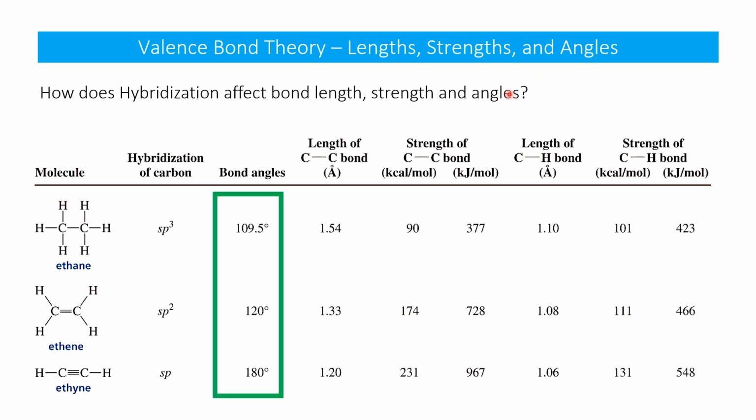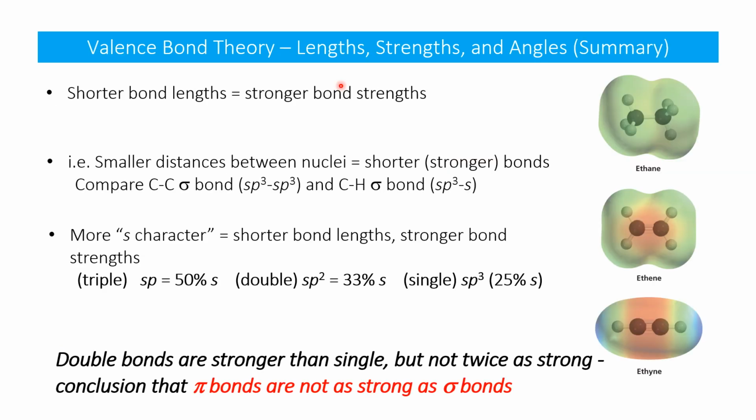As I stated before, this is quite obvious. The shorter the bond length, the stronger the bond strength. Smaller distances between nuclei, shorter, stronger bonds.